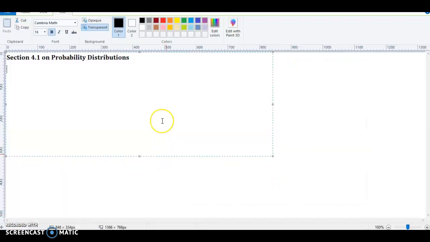Okay, another way to remember those two definitions is that discrete random variables are things we count. That's what makes a random variable discrete. If it's something that we count, like for example the number of kids a person has, or the number of pets a person has, those are things we count, and that would be a discrete random variable.